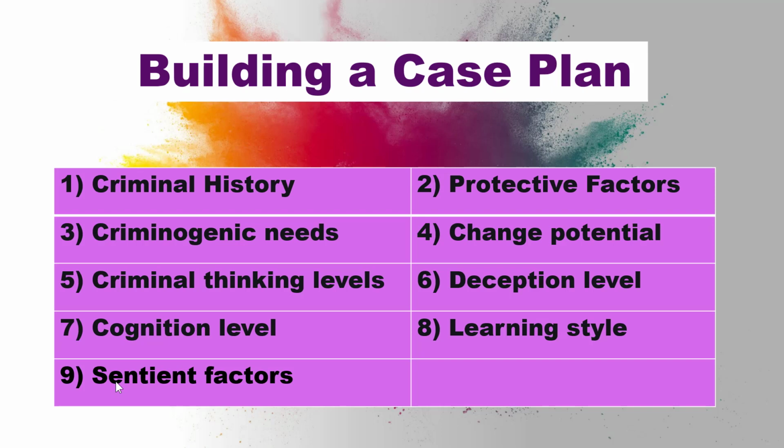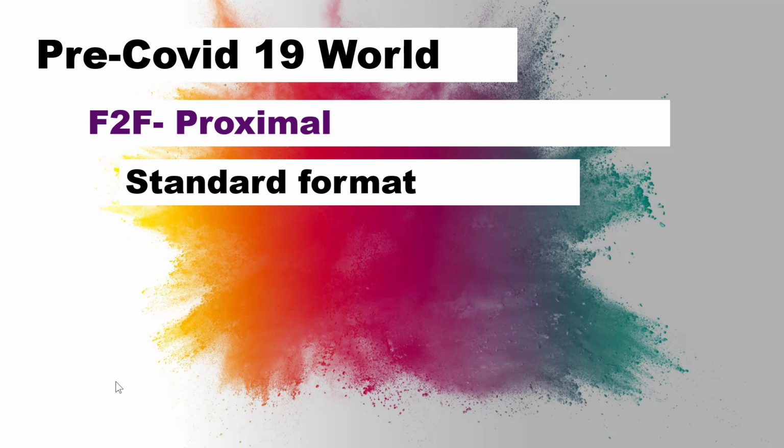I think you need to know the criminal thinking levels, the deception levels, and the cognition levels of that client, as well as the client's learning style using what we would commonly call a VARK method. And then the sentient factors: can this person change in and of themselves, or are they living in an environment where change is not going to be possible? All 9 of these things you need to know to build a case plan.